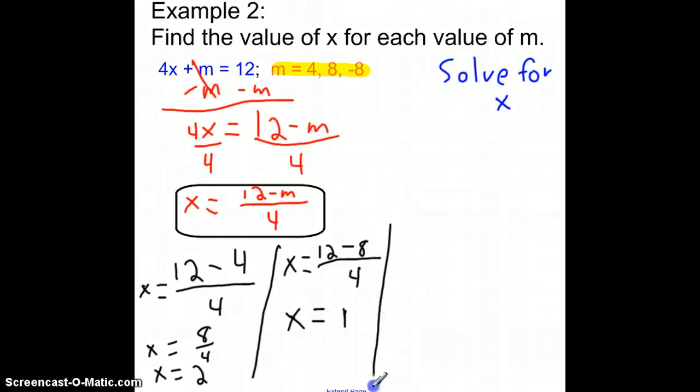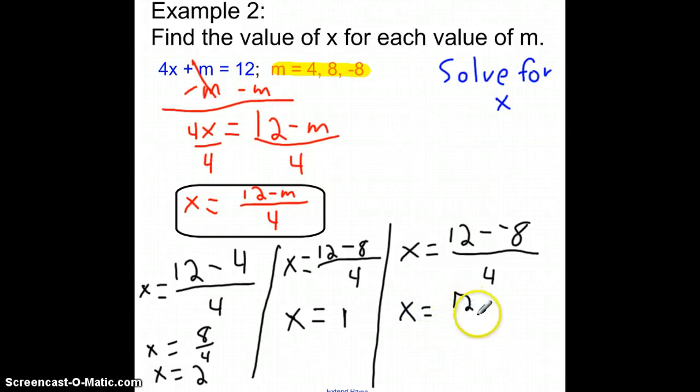Let's take a look at our third situation, when m equals negative 8. Let's see if I can maybe trick a few on this one. Now be careful when you plug in here. We have to take this minus sign right here, and we're plugging in negative 8 as well. Minus a negative, so that's going to be rewritten as x equals 12 plus 8.